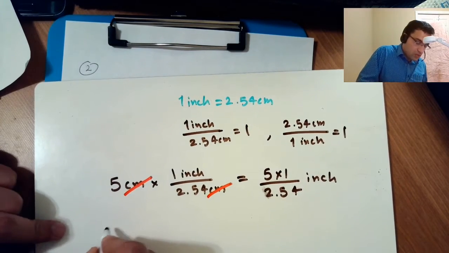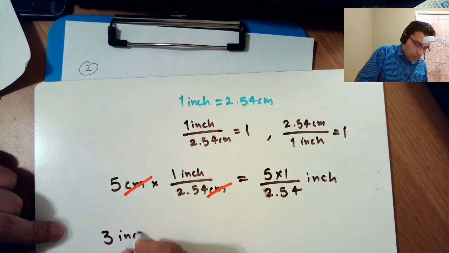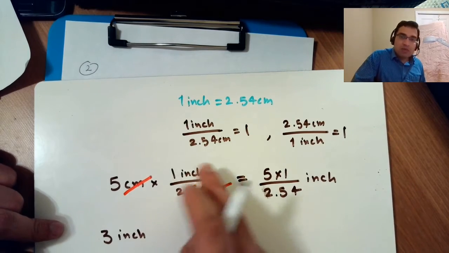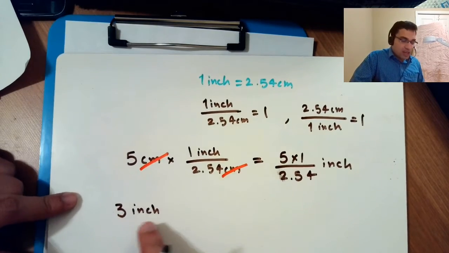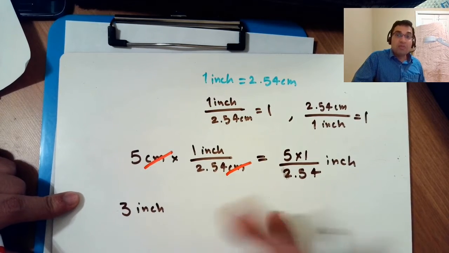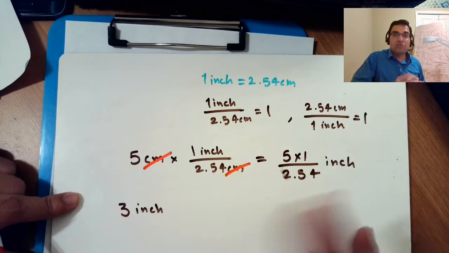What if I ask you to convert 3 inch to centimeter? Now I can multiply it by this factor because I want to get rid of inch and bring in centimeter.